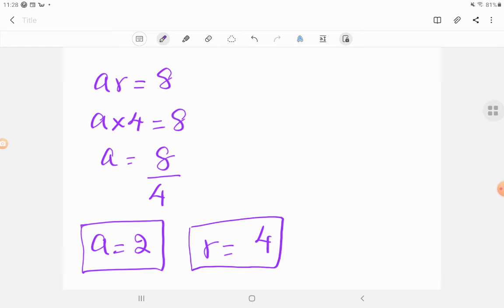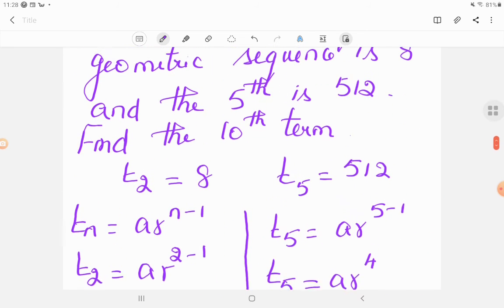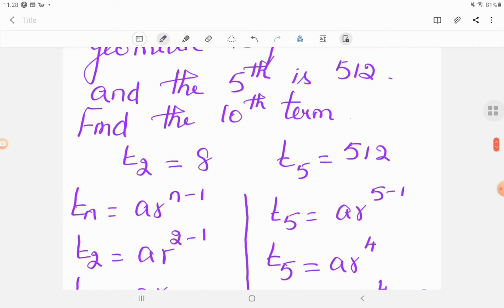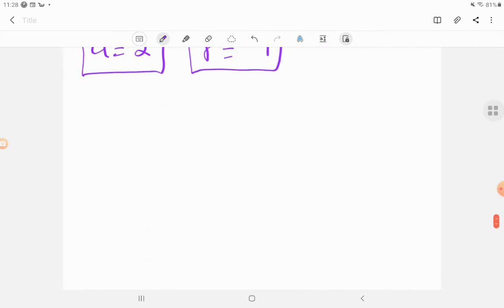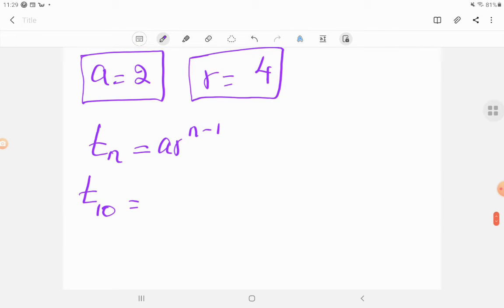So now, what is the question here? We haven't completed the question. The question is asking you to find the 10th term. So therefore we have to find the 10th term using this formula, Tn is equal to ar to the power of n minus 1. So T10 is equal to, sub in the values of a, r and n here. a is 2, r is 4.